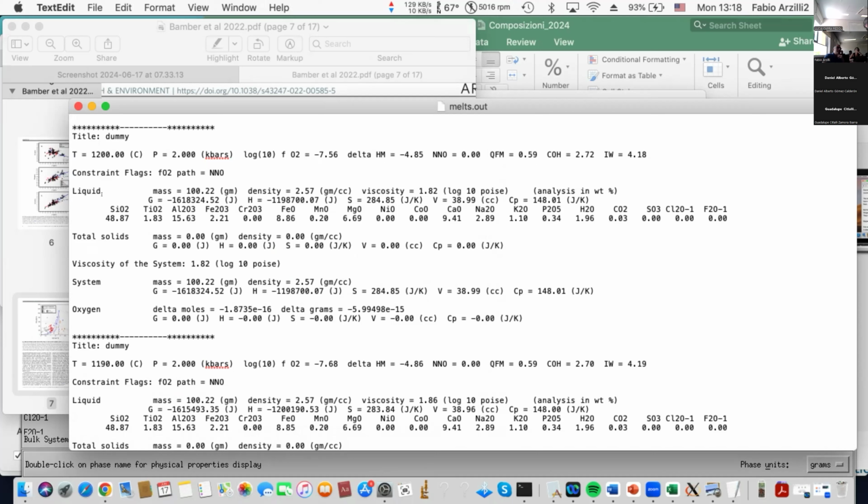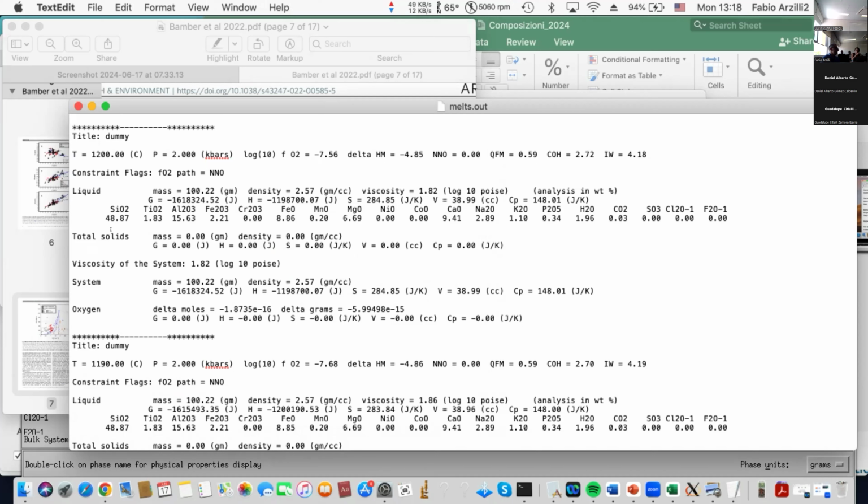So it means that not having fluids as a phase, all the fluids that we put are dissolved into the liquid, but we have not reached the saturation of water and CO2. And for water, we know that we didn't reach the saturation.